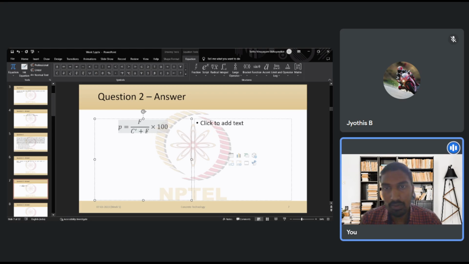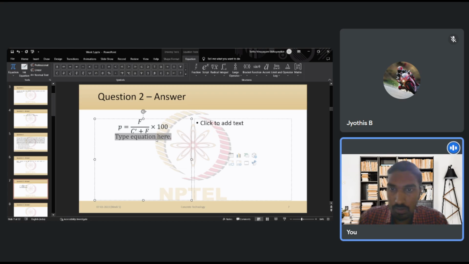So C prime is the new cement content that we are looking for, and C prime plus F is the total cementitious material, and the percentage of fly ash in that will be F by C prime plus F, times 100 to get it as a percentage. So from this, let us find out what F is in terms of C prime.